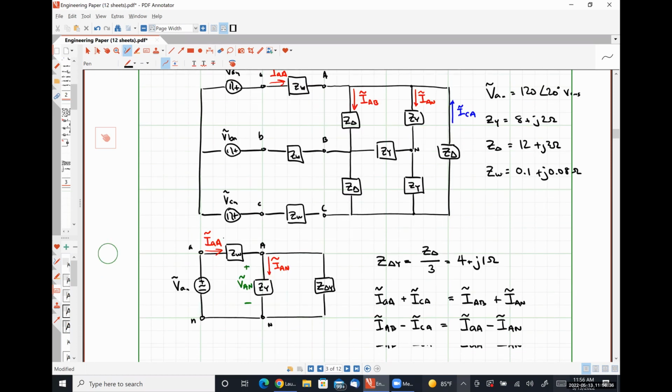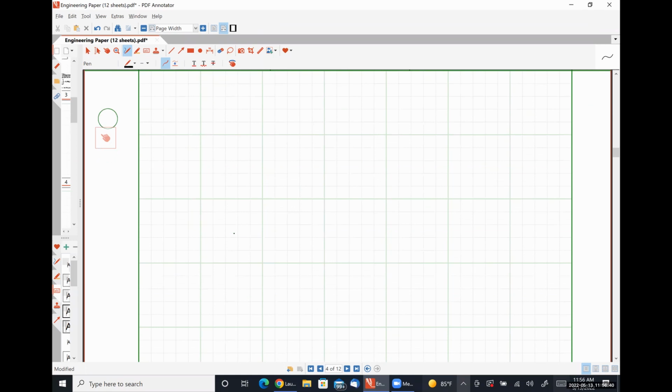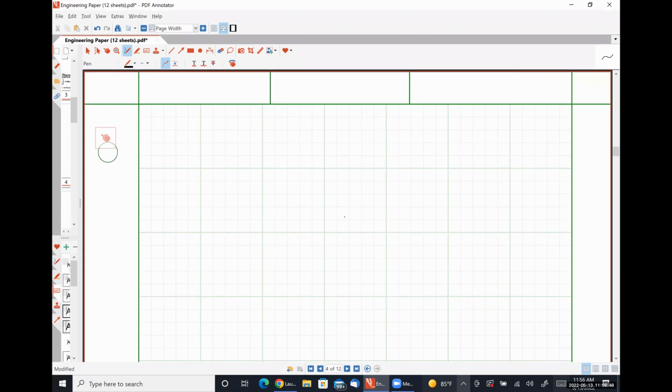Okay, so sure, very, very quick review of current division. Let's say that we have a network containing, I'm just going to do this as resistances, but it works for impedances or whatever, right?